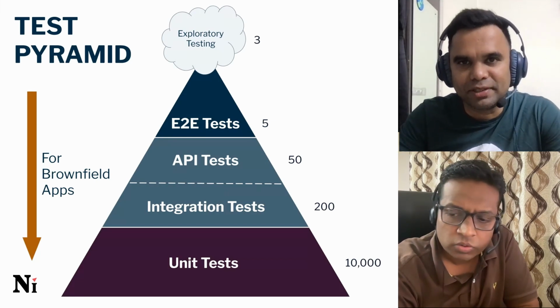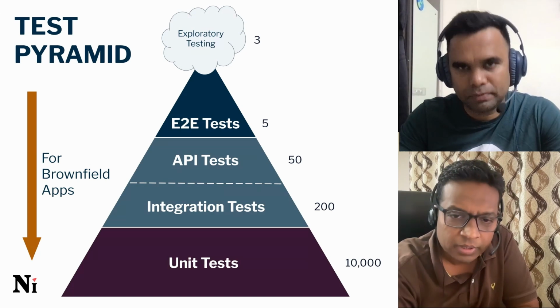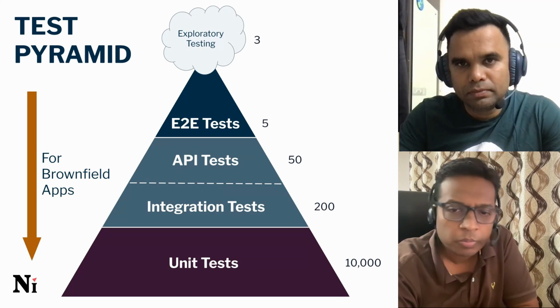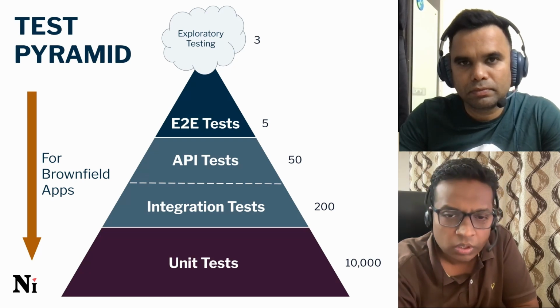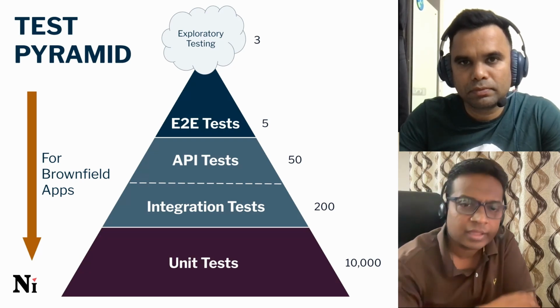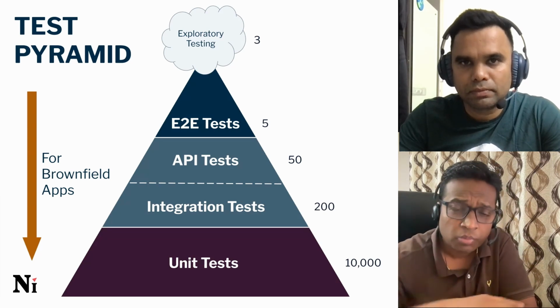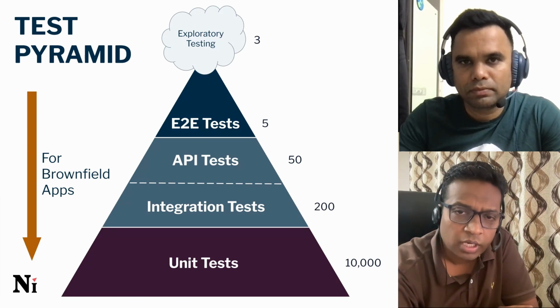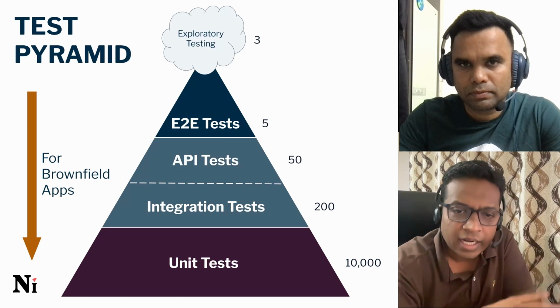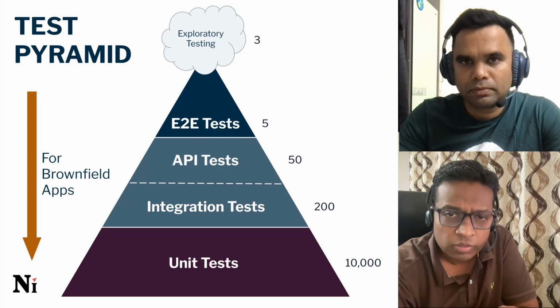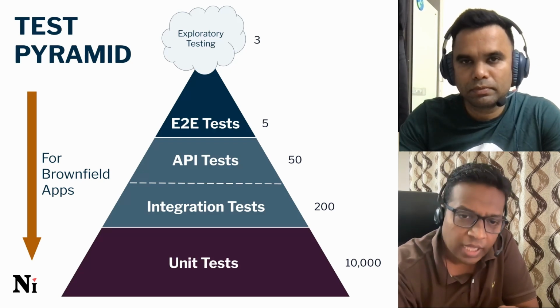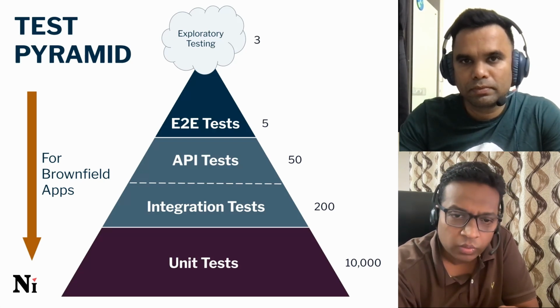If it's an e-commerce app, for example, then searching for products, adding them to a cart, checking them out, and paying for it would be one of the most important end-to-end scenarios. And so like that, I would pick the top five most important scenarios for the users, for the business, and encode that into end-to-end tests.